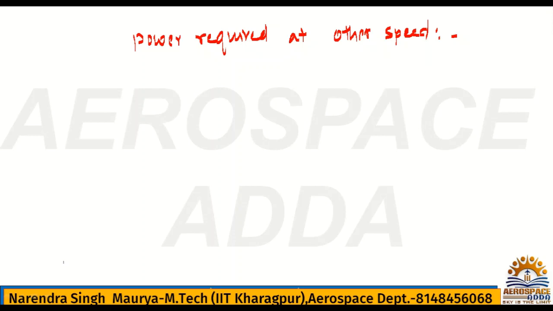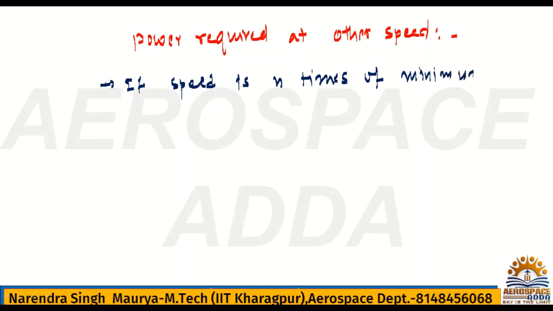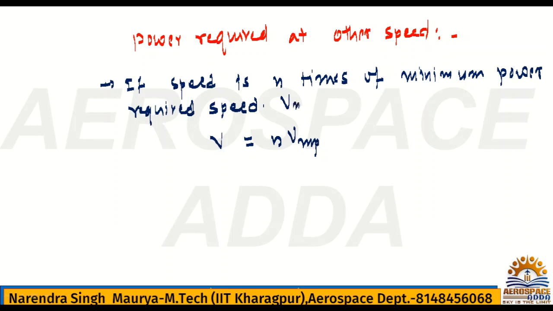But if you want to calculate power required at some other speed, and that speed it is given like the velocity is n times, let me write here, if the speed is n times of minimum power required speed, that means this is the general speed and it is n times of the minimum power required speed.